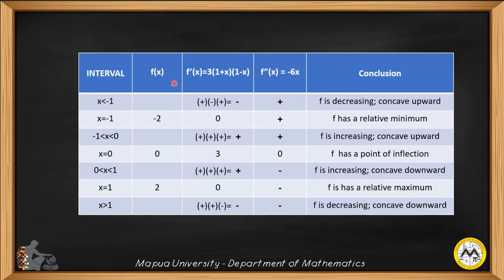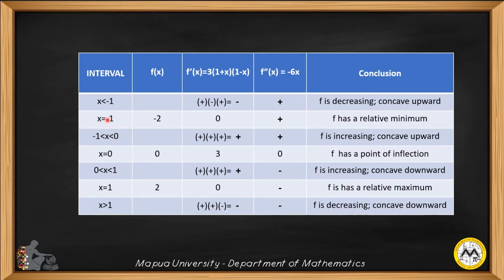So take note that earlier we said the critical points are at x equal to negative 1 and x equal to positive 1, and correspondingly we were able to get value of y or f of x, and that will be at negative 2 and positive 2 respectively. Also from the previous analysis, we have point of inflection located at x equal to 0 where y is equal to 0.